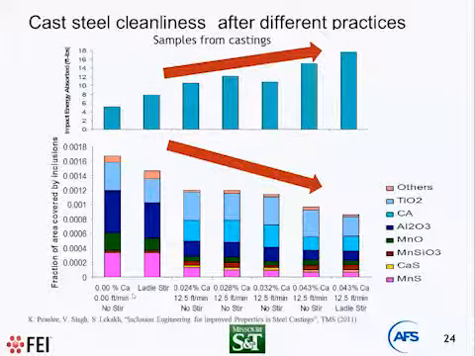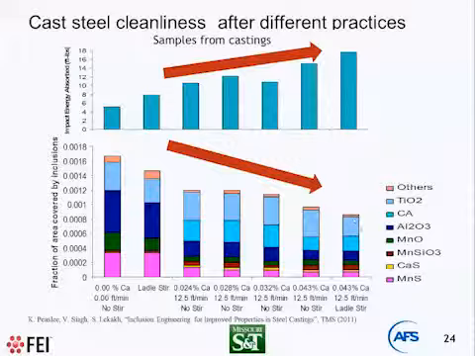When we apply different types of calcium treatment, we play a game with different amounts of calcium wire. We have in our lab a portable calcium wire injection. We travel directly to the foundry and produce foundry experiments applying calcium wire injection. And we also have experiments with stirring and with argon stirring. The bottom graph shows non-metallic inclusions in casting according to these different types of processes.